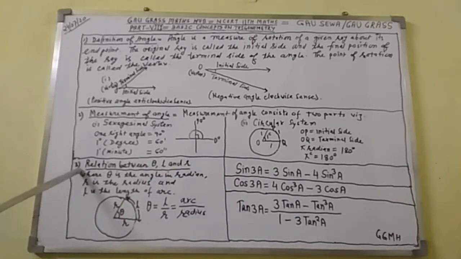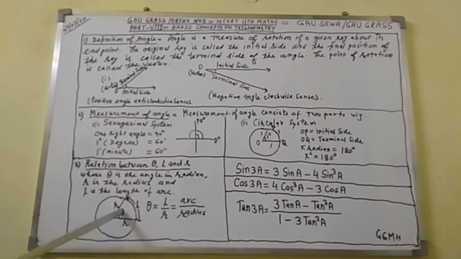Here I have mentioned concept number 3, the relation between theta, L and R, where theta is the angle in radian, R is the radius of the circle, and L is the length of the arc. You can see in the diagram, here the center O is there, and this is the radius. This one is also a radius.